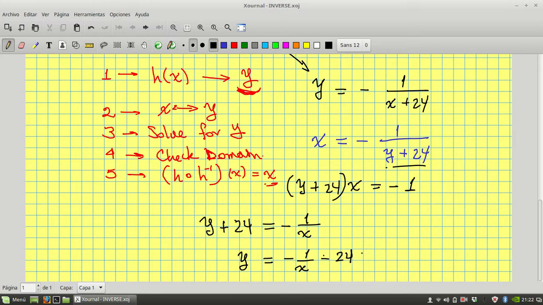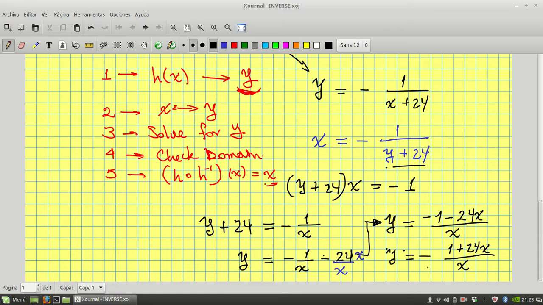And if you prefer to have the form of rational expressions, we just need to add as a rational expression by multiplying by x, to have common denominator, and we will have y equals minus 1 minus 24x over x, and finally the inverse will be, let's factor the negative sign, minus 1 plus 24x over x.